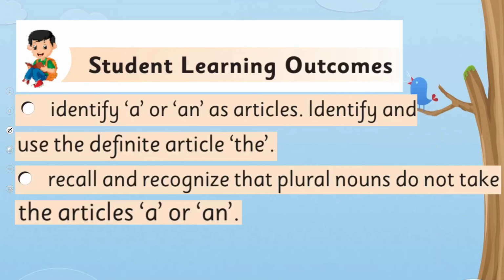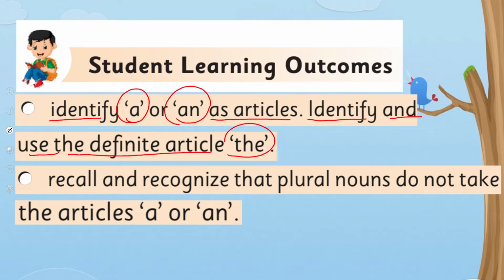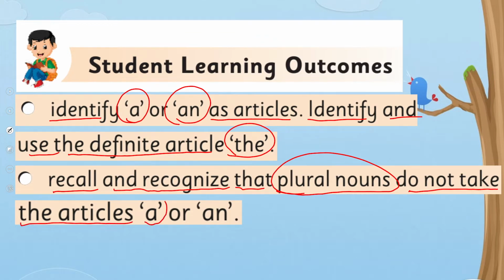We will further practice to identify a or an as articles, identify and use the definite article the, and recall and recognize that plural nouns do not take the article a or an. These are our today's SLOs.